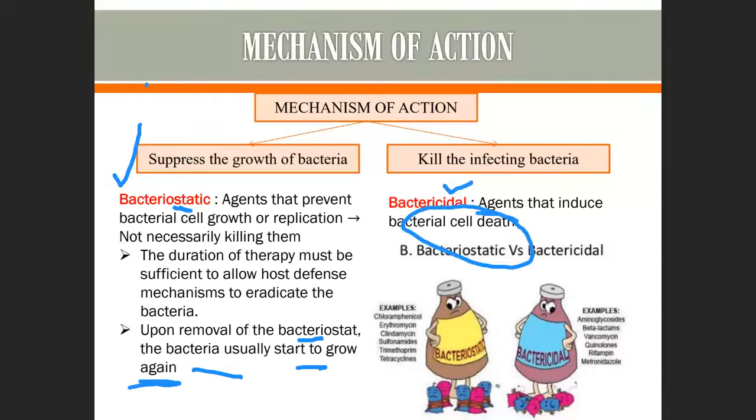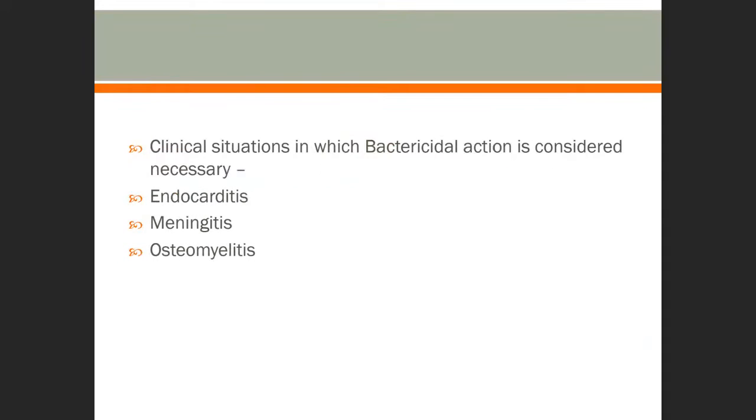Examples of bacteriostatic and bactericidal drugs include chloramphenicol, erythromycin, clarithromycin, aminoglycosides, beta-lactams, vancomycin, etc. Based upon the mechanism of action, on which site or area of the bacterial cell the drug acts, they are differentiated and the effect varies.